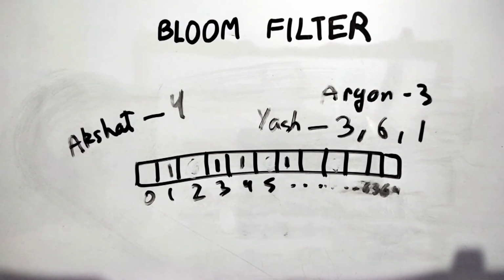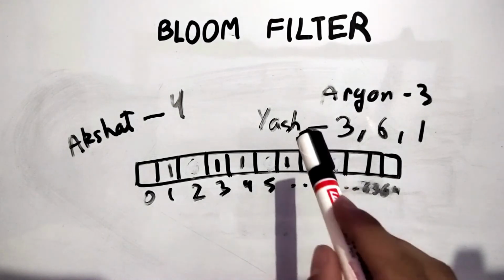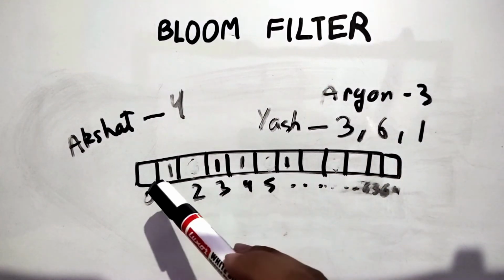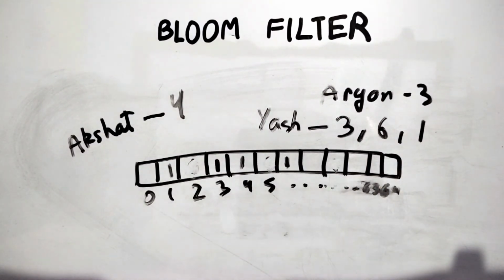Then every time we need to search if Yash exists in the database, we check whether all of these 3 values from the hash functions are 1 in the Bloom filter. Then we can be more sure that Yash does exist in the database.